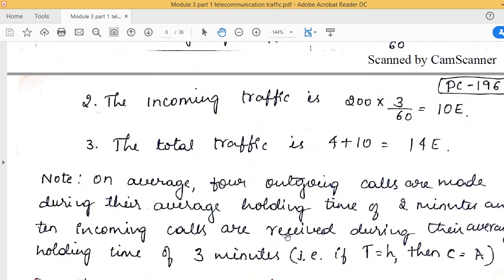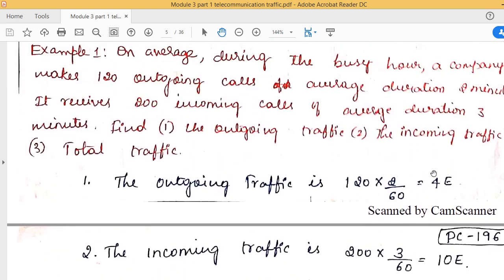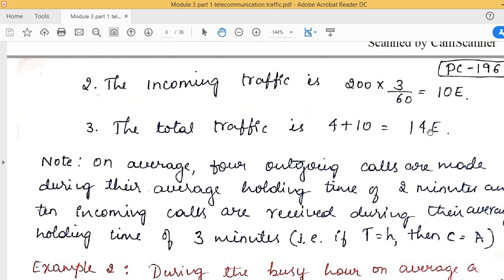So on average 4 outgoing calls are made, so that will be exactly equal to traffic A. Similarly, if I make T as H, which is equal to 3 minutes, then I can have incoming calls during that particular duration of 3 minutes equal to 10.